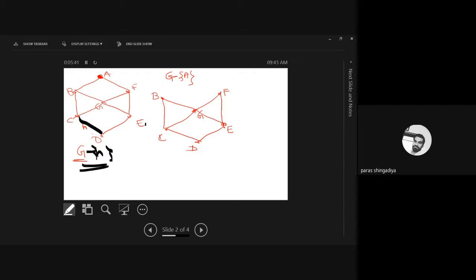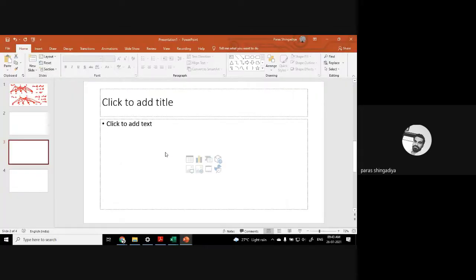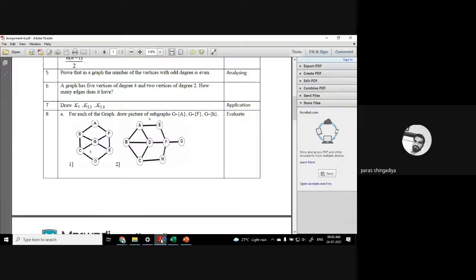Now try it for the second graph. Draw the second graph, and then find G minus A, G minus F, and G minus H.